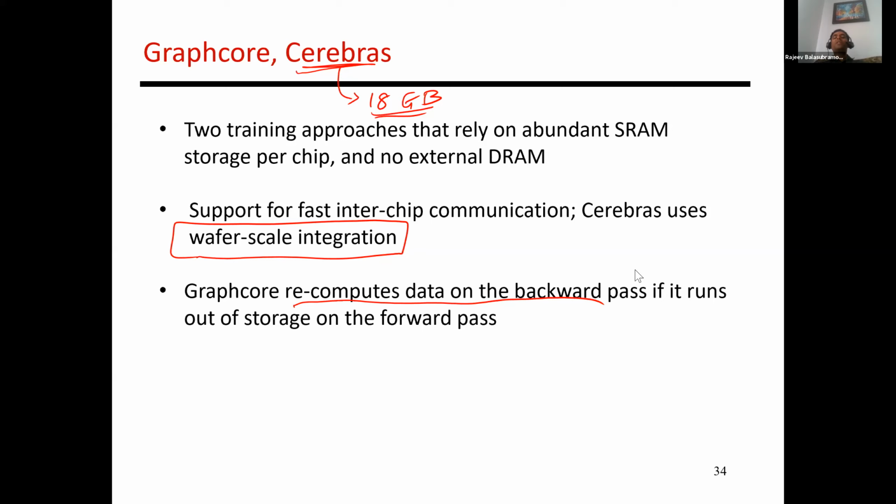I should also point out that the analog approach that we saw earlier can be very effective for inference, but it's harder to exploit for training. The main reason is that when you're doing training, you also want to nudge the weights as you go along. After every mini batch, you want to reprogram the weights, and reprogramming the weights is a very expensive process, and you can only do it one cell at a time.